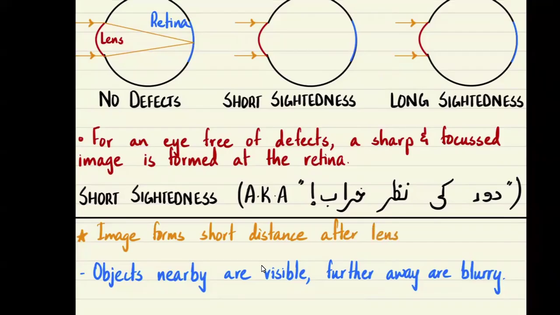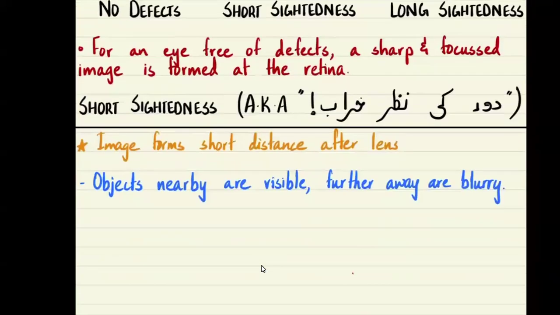So these rays that we have, they cross over way too early for the formation of the sharp image. They were supposed to cross over here, they cross over here. So the image in this case is obviously not clear as it's formed before the retina.